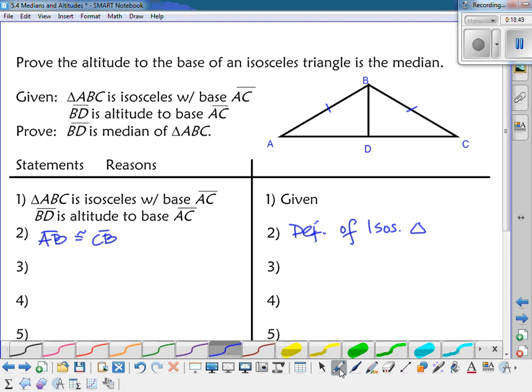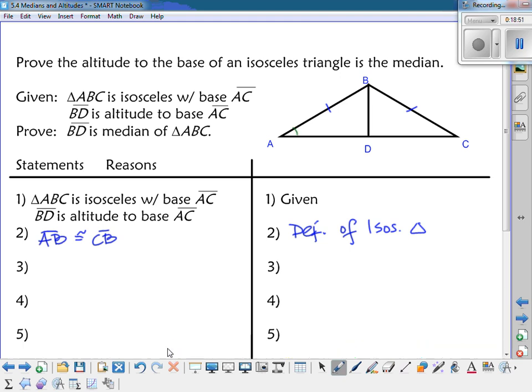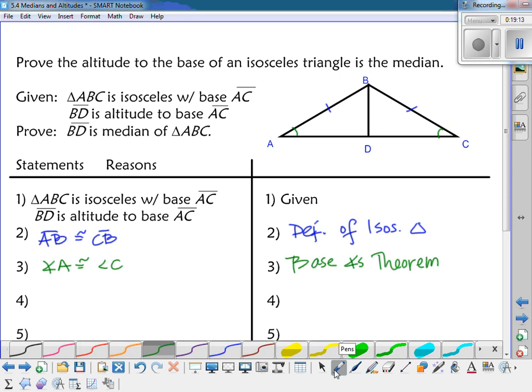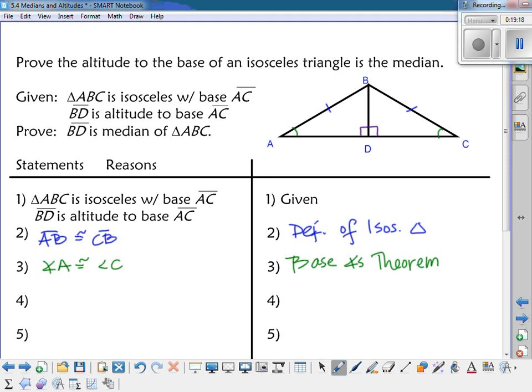And then the base angles theorem tells me that angle A is congruent to angle C. Now, I told you that it was an altitude, and so because it's an altitude, that means that it has to be making right angles.